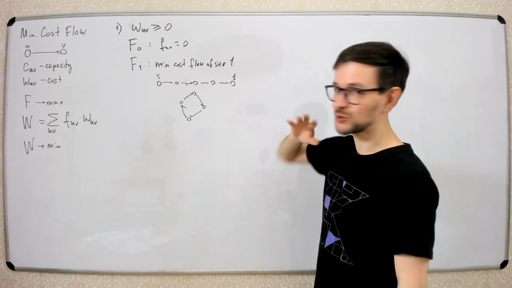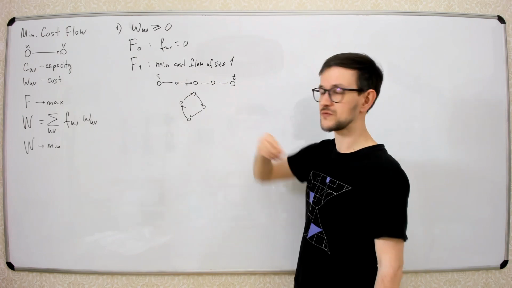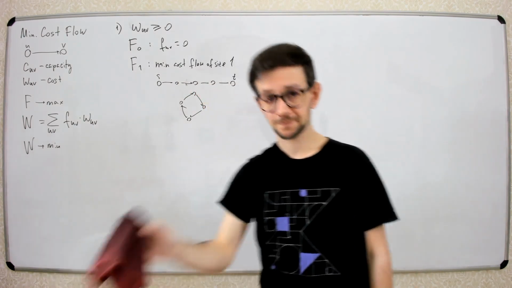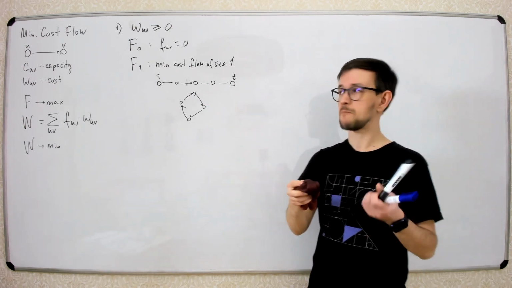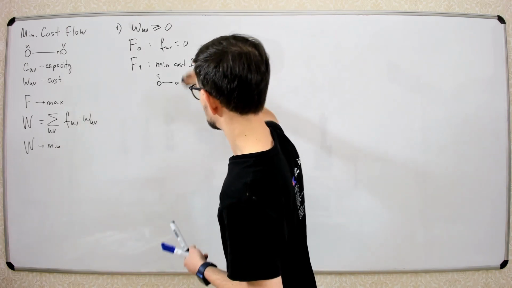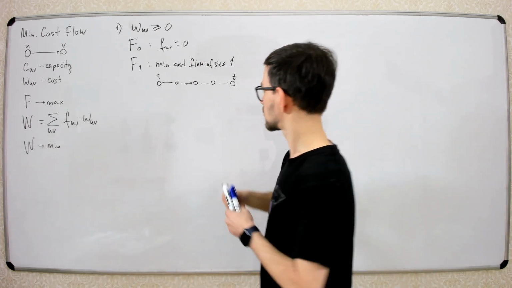So actually what we proved is that the minimal cost flow of size 1 is basically one path. So if you want to build a flow of minimal cost with size 1, you just need to find a path from S to T and push 1 unit of liquid through this path.